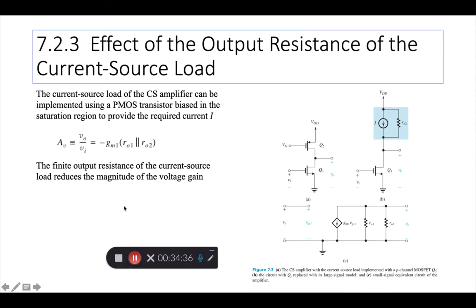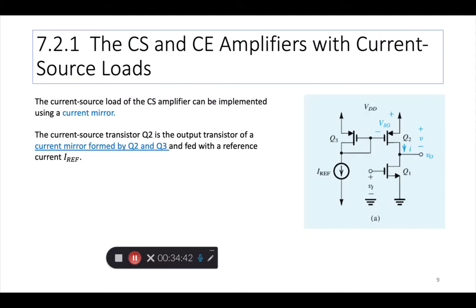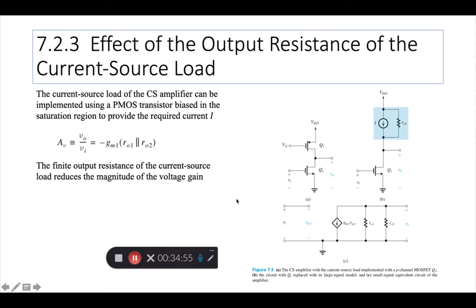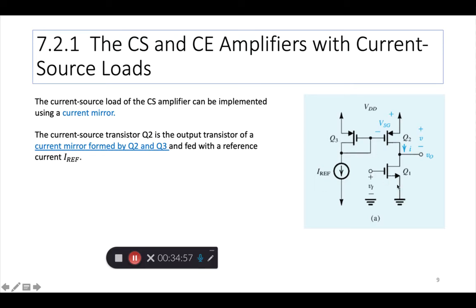Okay. So as it is, the MOSFET has low gain. Now the gain is even further reduced. Okay. Here's another current source load. Here it's more complicated than just this, right? Here, this is the amplifying transistor, the gain cell Q1, which is an N type.